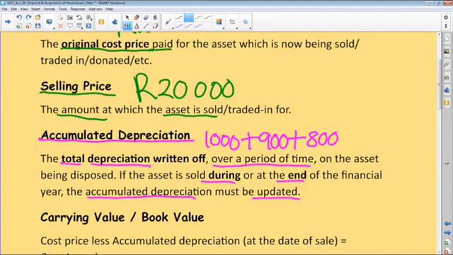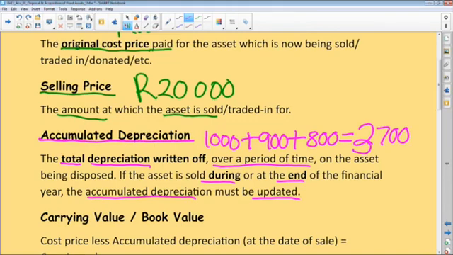Guys, I'm just making up these figures, so don't get stressed about it. So in total, if I had to ask you, in total, what is my accumulated depreciation? It's obviously these three amounts added up, which should give me an amount of 2,700. Hopefully that is correct and not 3,700. Yeah, it should be 3,000. Let's just fix that. 3,700.